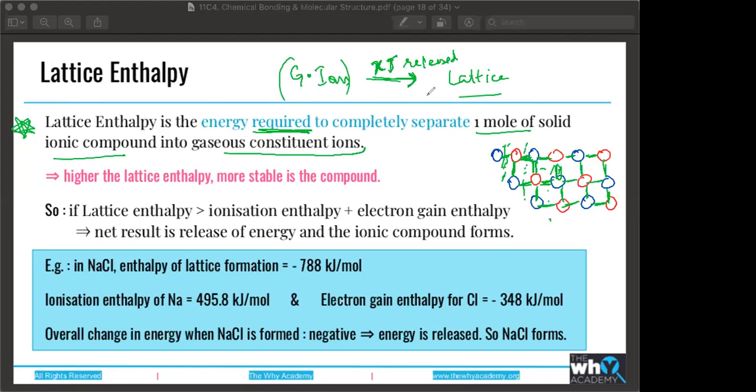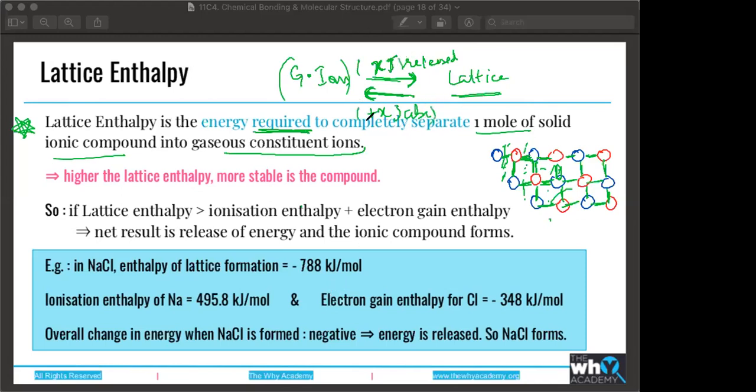So now if you want to do the reverse process, if you want to convert lattice into gaseous ions, like you have a lattice structure and you want to break all of them apart to form gaseous ions, then this will also reverse. If X joules is released, it will be absorbed. You need to add X joules so that the lattice can turn into gaseous ions. So this value is the same.